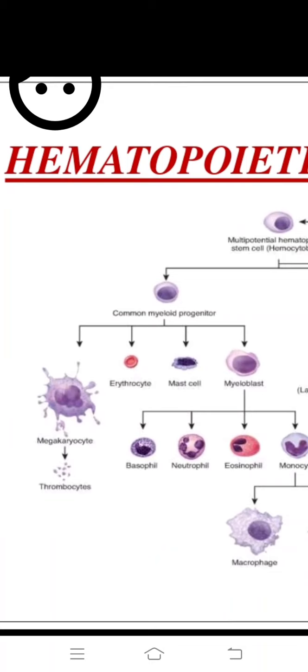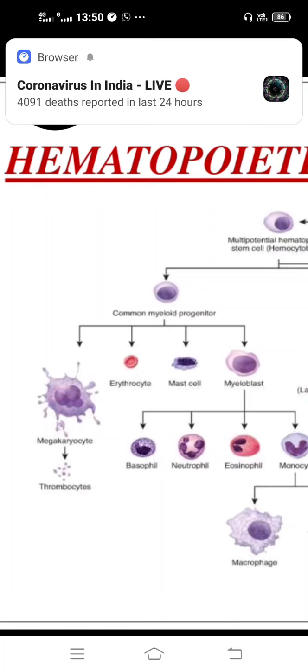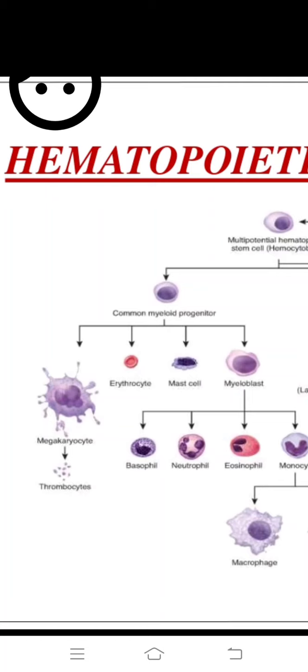Prothrombin is used for blood clotting time, after wounding. Next, erythrocytes and mast cells, and myeloblast. Here myeloid cells form myeloblast, mast cells and erythrocytes.